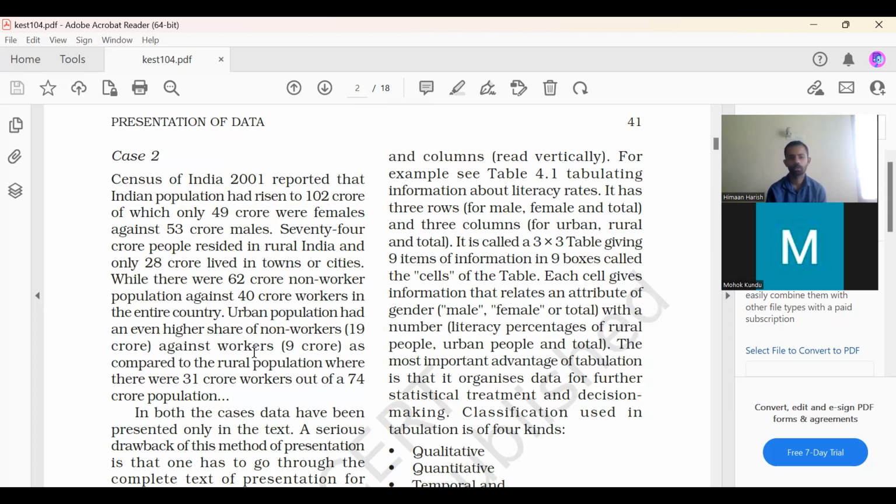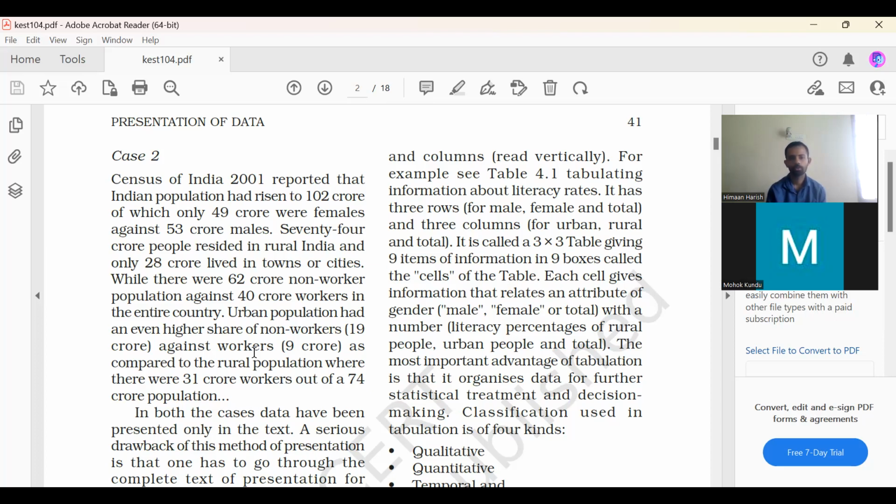So, as per this data given, we can infer that there is a higher rural population in India compared to the urban population, and also that there are more males than females as per the Census of India of 2001. And presently, the population has risen by at least 40 crores, because the present population of India is 1.4 billion, in a 22 year period.